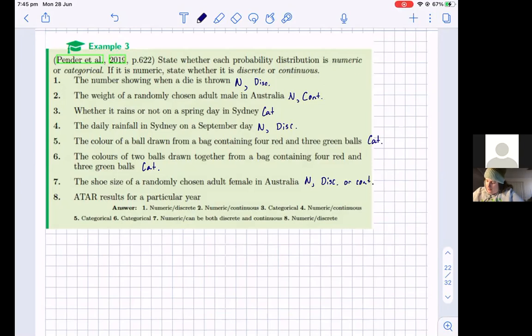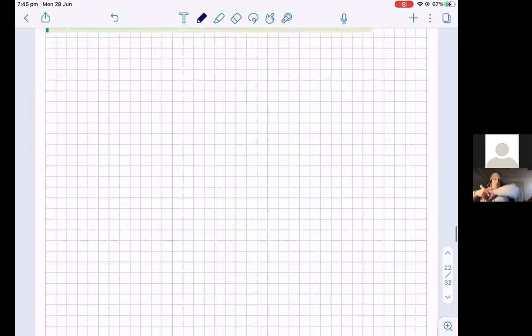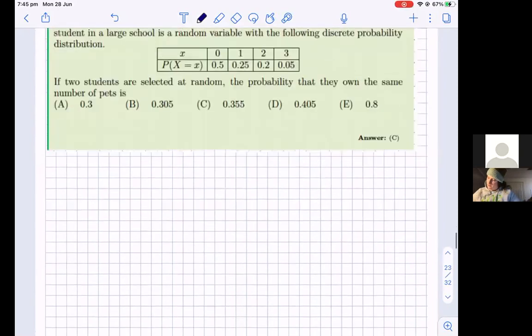ATAR results, it's definitely numerical and it's definitely continuous. Oh, they're saying discrete. Oh, I guess you can't get 97.87625. It's 2 decimal places.